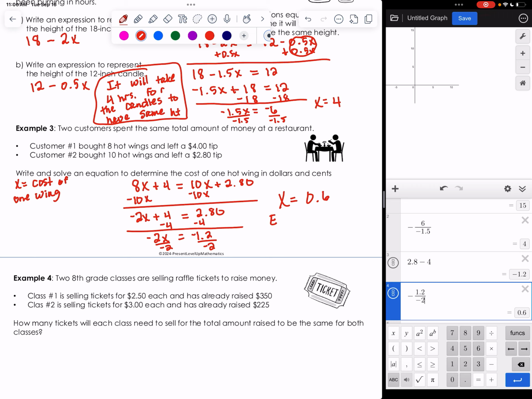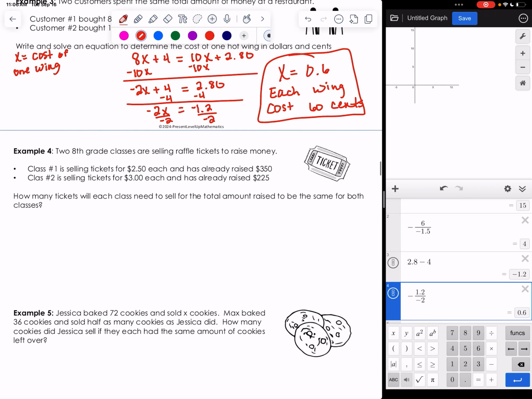So each wing costs 60 cents. Each wing costs 60 cents.